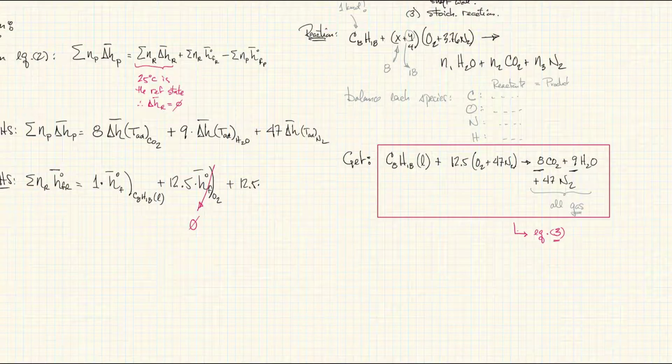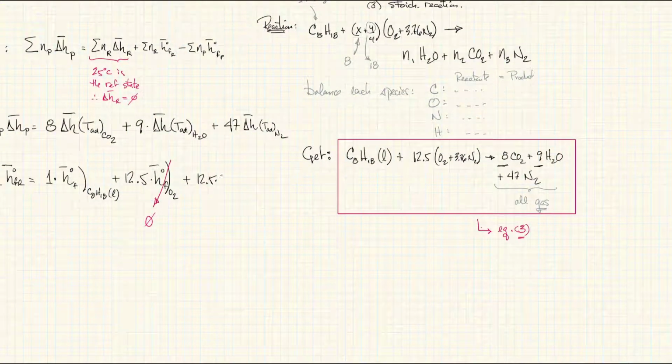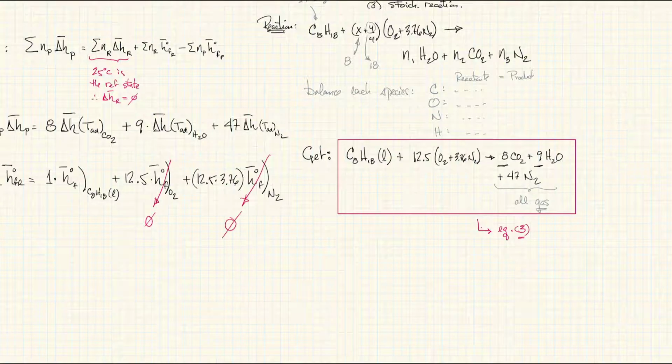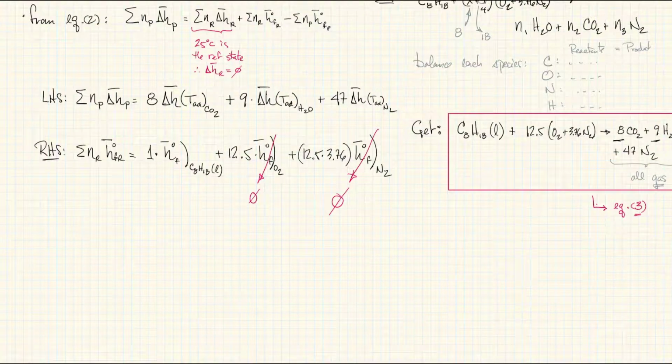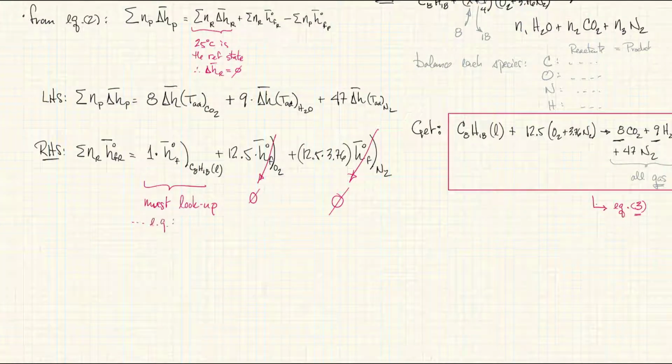In the case of the reactants, oops, I made a mistake there on the composition of air. It's 3.76 moles of nitrogen per mole of oxygen. So the enthalpy of formation of the oxygen and the nitrogen is 0. Check out table 825 if you will, or the fact that it's a stable compound at reference states.